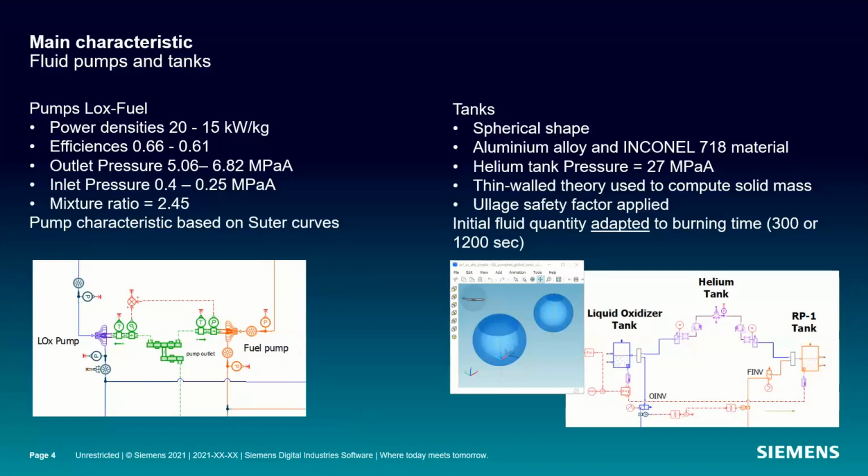And the helium tank, the pressurized portion of it, was kept at 27 megapascal. Okay, we knew that there was minimal computation of solid mass, and there was some ullage that we had to keep into account. But the initial fluid quantity was looked at from these different simulation models, and also through different burning times, so when you burn the fuel between the 300 and 1200 second mark.